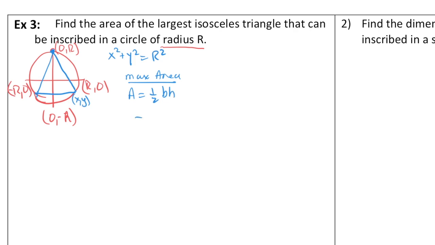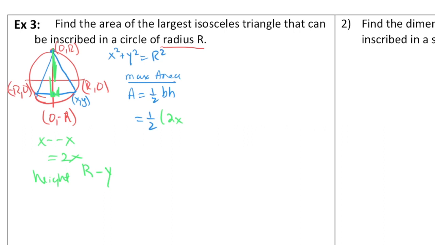The base is going to be all the way across this blue line. So that would be x minus negative x, which is 2x. So the base is 2x. Now the height is going to be r minus a value, but I'm not sure which value. The height is actually big R minus the y value, or top minus bottom.